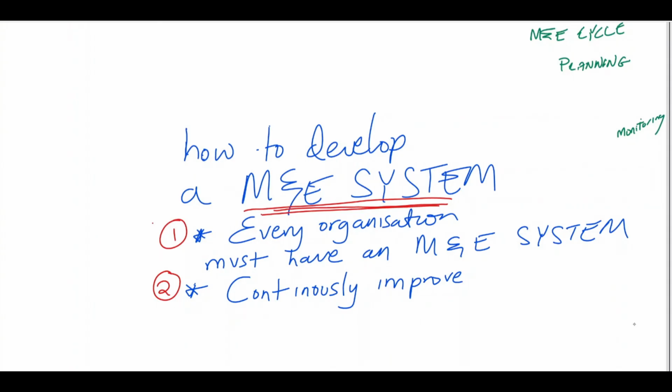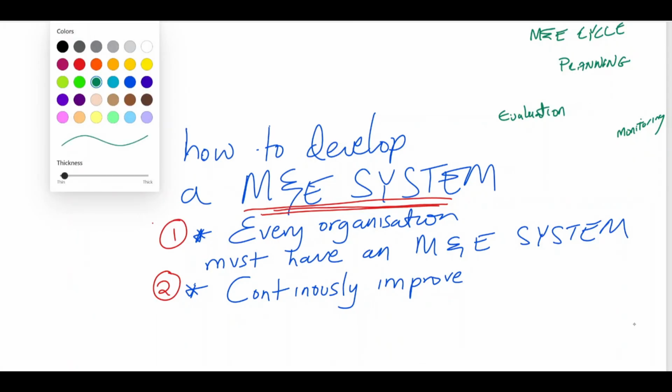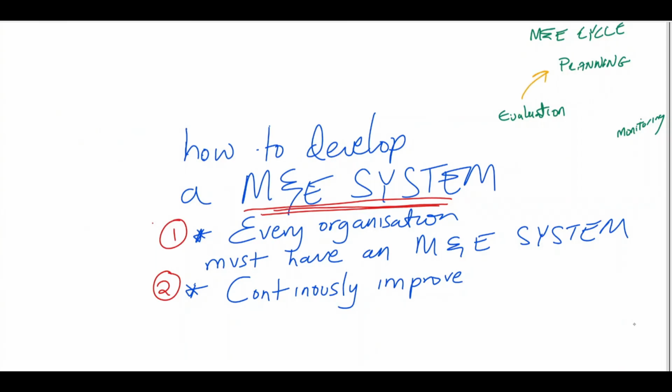Okay, then after the monitoring, you have the evaluation. So the way it is, guys, is that the cycle has three stages: the first stage, the second stage, and the third stage.